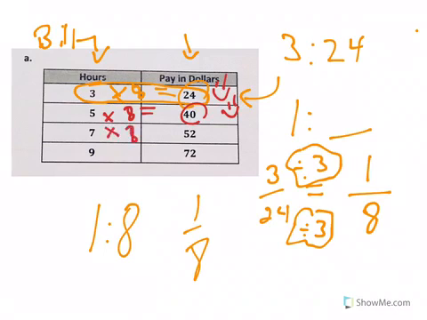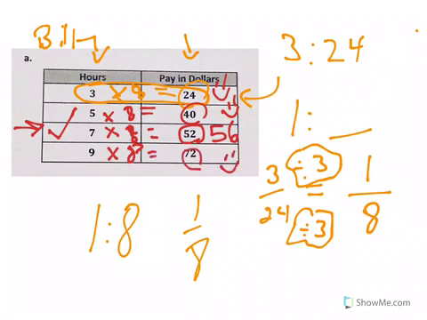7 times 8 is, we've hit a roadblock here because they say 52, I say 56. So we know that this particular row is incorrect. Let's check here. 9 times 8, it is 72.